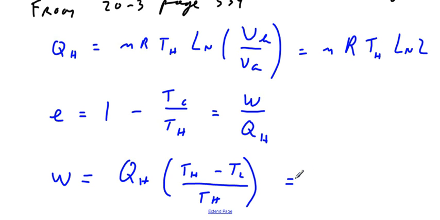Seeing that we know what QH is, that's going to be nRTH natural log 2 times T hot minus T cold divided by T hot.